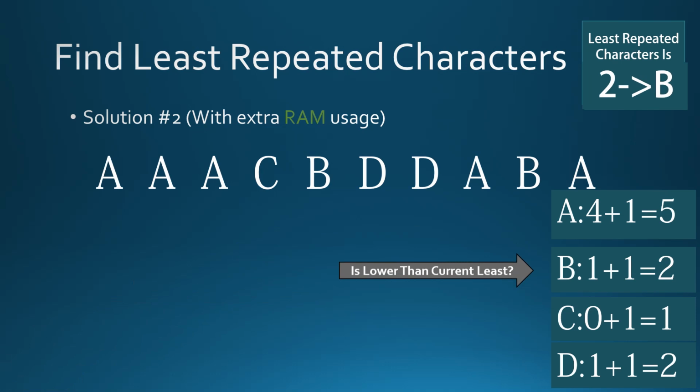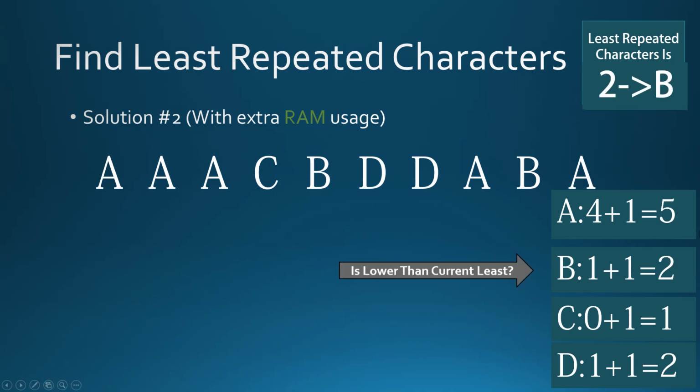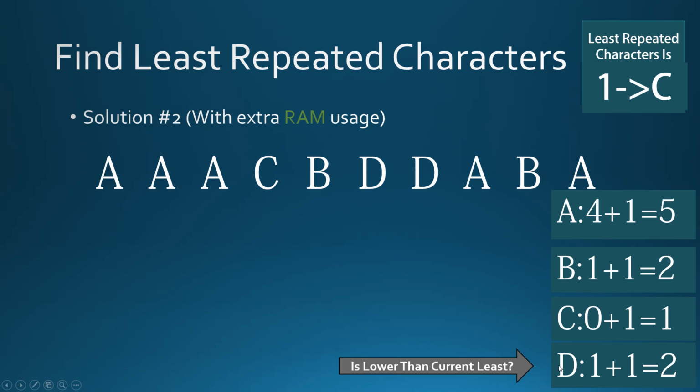We're going to iterate to B. B is 2, which is smaller than the previous 5, so we're going to take 2. Now we're visiting C, which is 1. 1 is smaller than this 2, which we already stored, so we're going to take 1. We're going to visit the last key, which is D. D is 2, which is greater than C, so we're just skipping it.